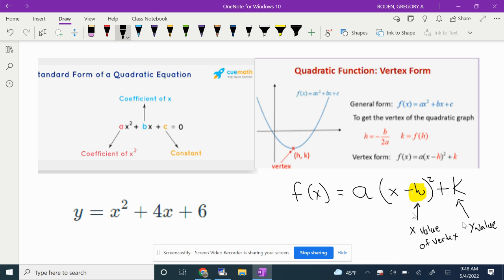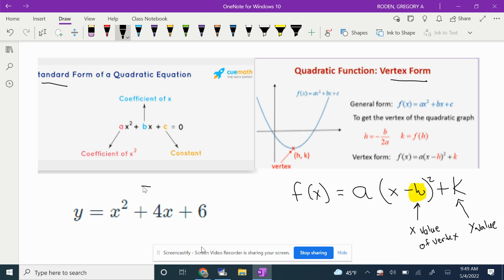So what we want to do is complete the square right here. Whenever you're converting from standard form to vertex form, you're most likely going to have to complete the square. So here's an example of completing the square when it's absolutely necessary.